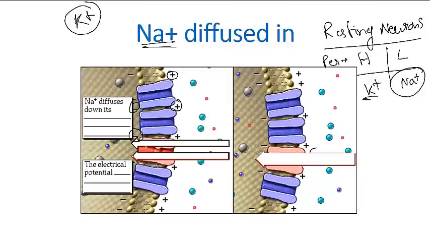That is the simple difference that we see in the case of neurons. If a cell is only permeable to potassium, then only potassium should flow. But now we know that a lot of sodium is also present outside, and sodium concentration is higher outside. So sodium will also flow in along with potassium inside the cell.